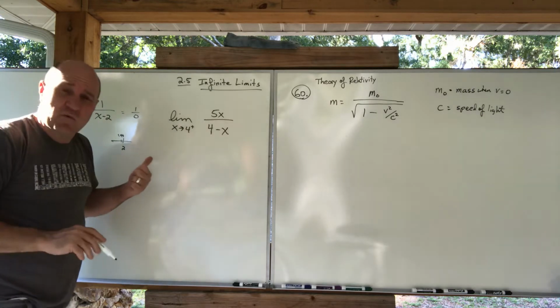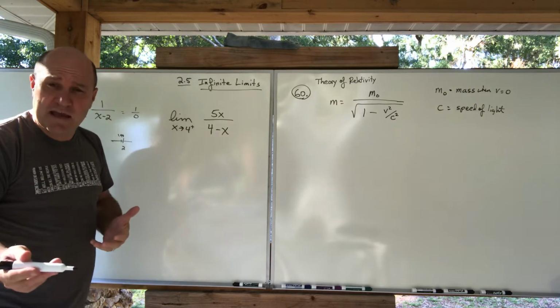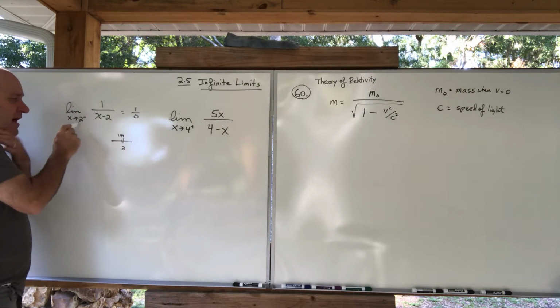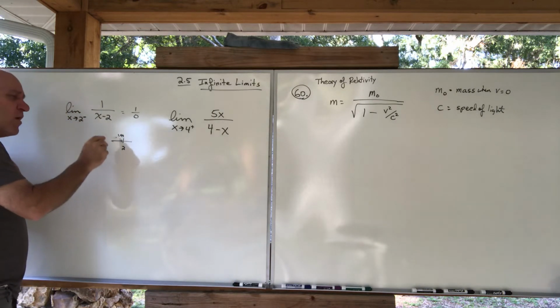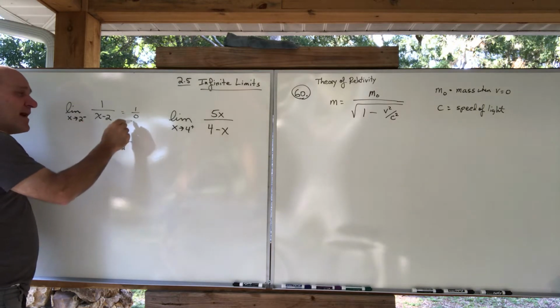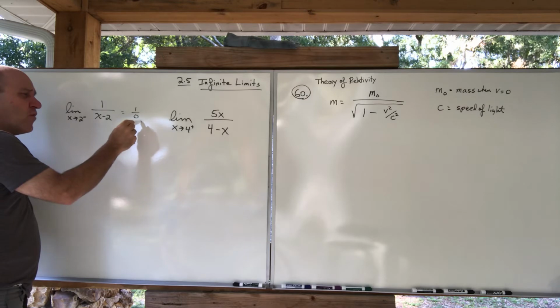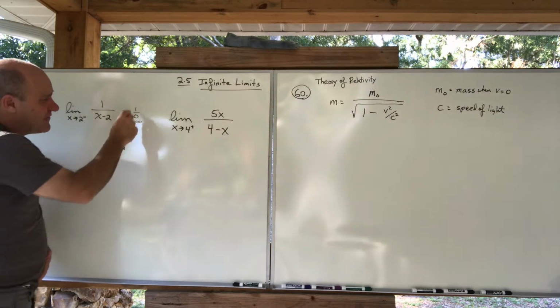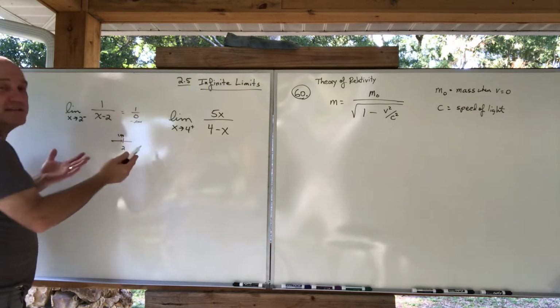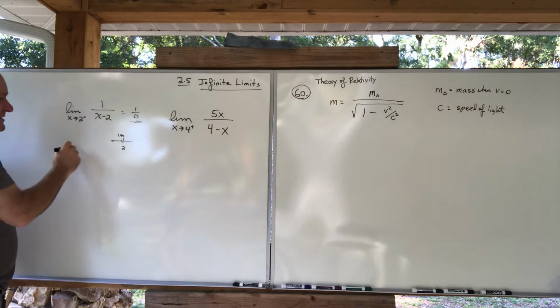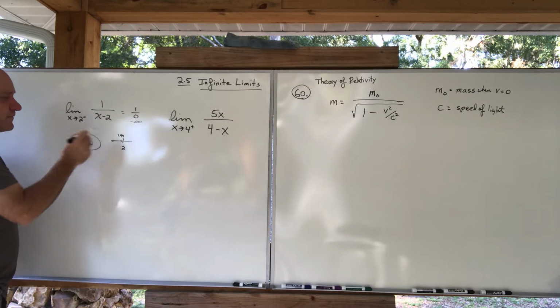The debate is whether it's positive infinity or negative infinity. Hang on. If I'm coming from the left and I'm at 1.999 and I subtract 2, I'm at a little negative 0.001. So it's a teeny little negative number. When a negative divides into a positive, the answer is negative. It's negative infinity. The answer to this is negative infinity.